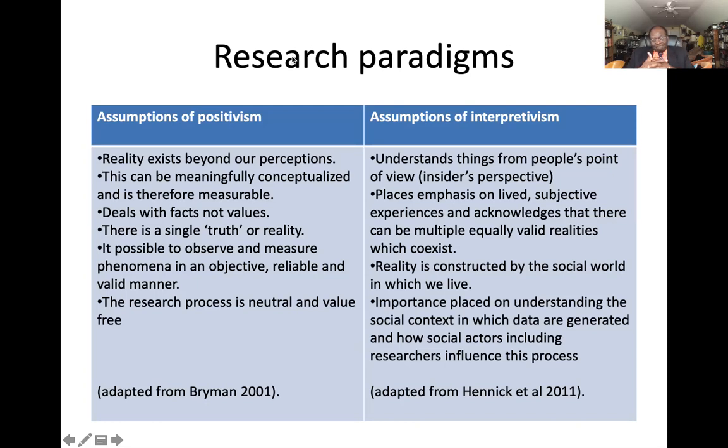Most of the time, you can have about 10 people in a community, and you ask all of them, the probability for you to have 5 different opinions or 5 different interpretations of the issue is there. Even though it's not wrong, it's just their perception. You see, unlike with positivism, there is a single truth or reality. It's not multiple.